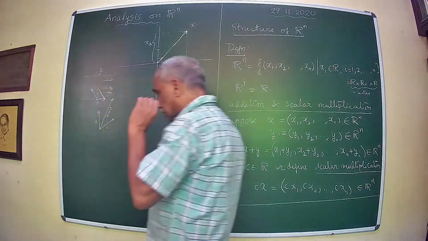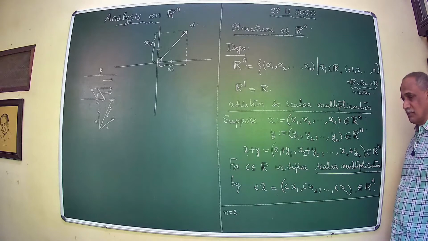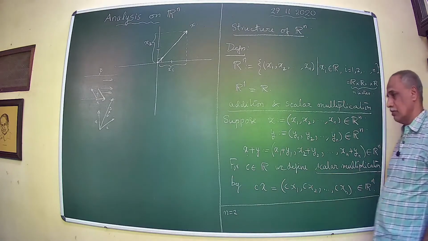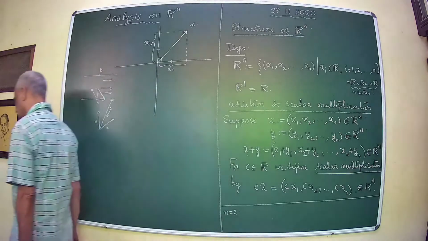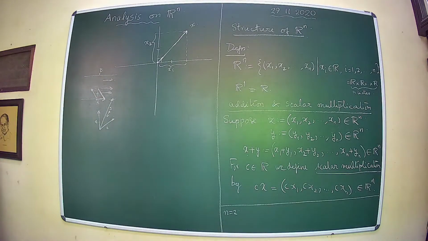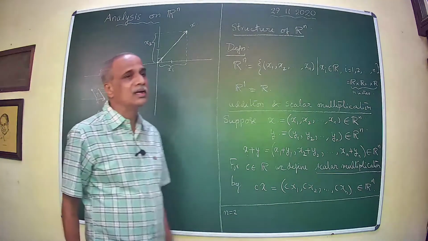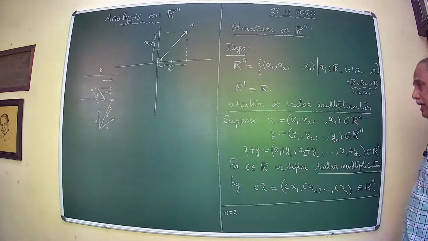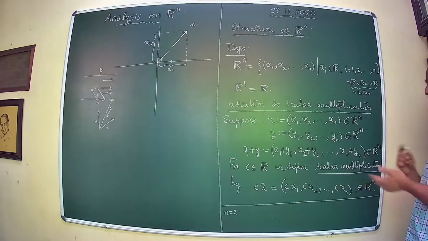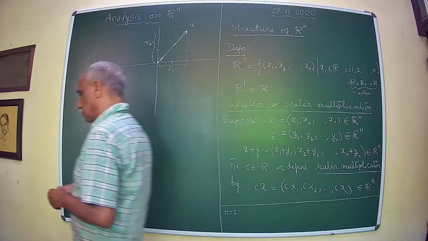This has nothing to do with mathematics, it has to do with physics. It's a physical experiment from which this information was attained, and again it was postulated that vectors add using the parallelogram law.